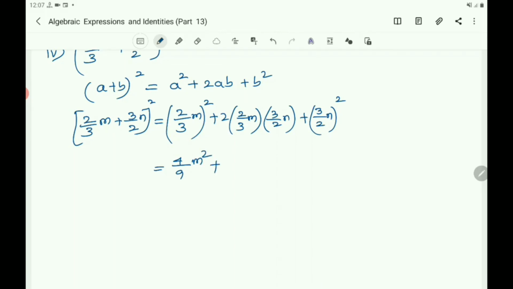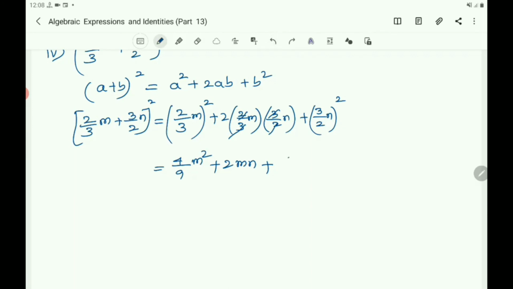4 by 9 m square plus 2 into 2 by 3 into 3 by 2, 3 cancels, 2 also cancels. So what is remaining here? 2 is remaining, and m into n is mn. So you got 2mn plus 3 by 2 n whole square. 3 square is 9, 2 square is 4.